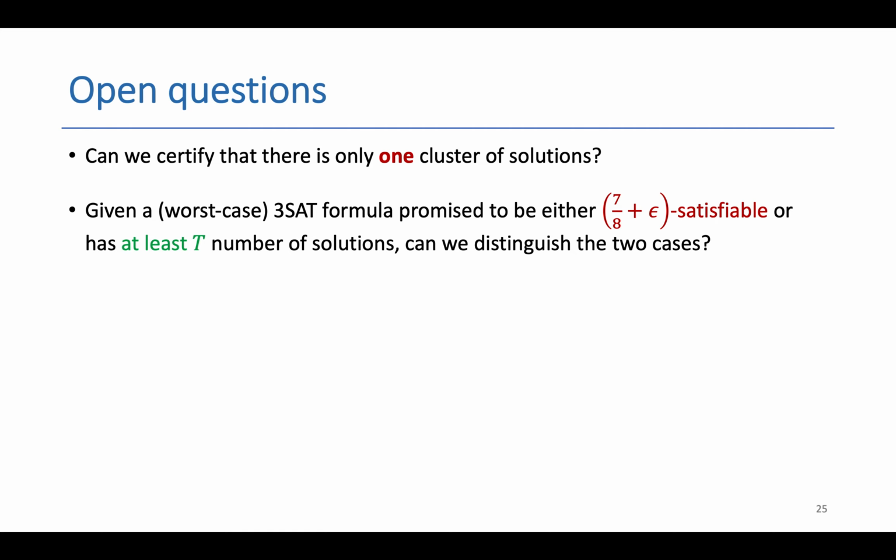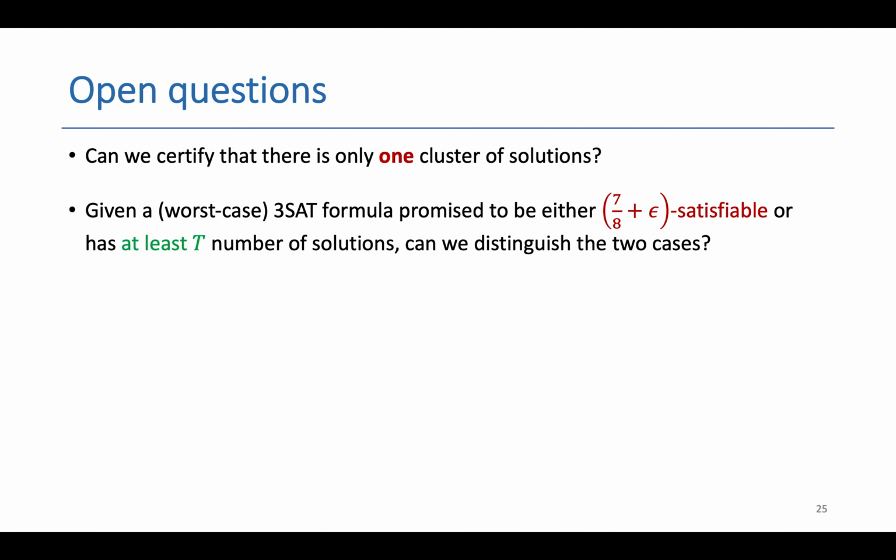So one question is whether one can prove some sort of hardness evidence to show that the algorithm we gave to certify a bound on the number of clusters is nearly tight, or one could try to give an improved algorithm. We actually think that the truth, in some sense, is that there is an improved algorithm, and in fact, we believe that there should be an algorithm that can certify that there's only a constant number of clusters of solutions. So that would be an interesting open question.